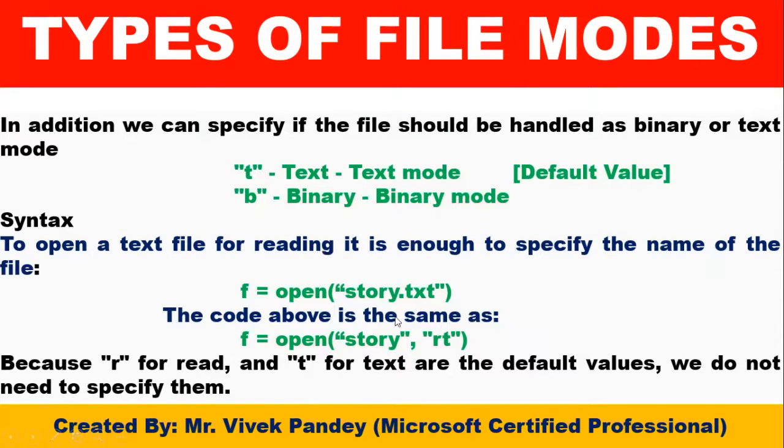The above code is the same as f = open('story.txt', 'rt'), because read and text are the default values. We don't need to specify them. So by default, a file is opened in read mode and as a text file.